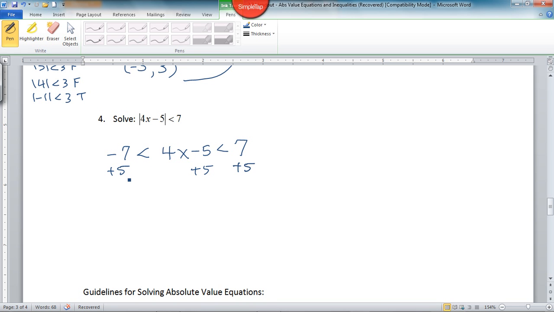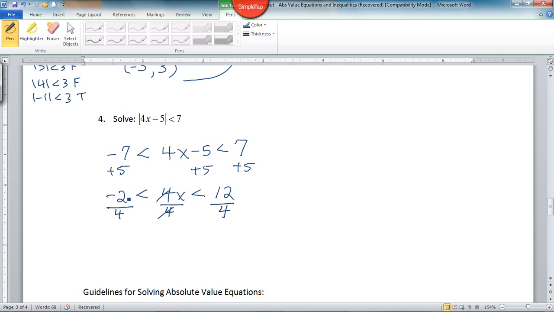Negative 7 plus 5 is negative 2. And that's going to be then in the middle, less than 4x, because the minus 5 plus 5 is 0. And that's going to be less than 12. Well, you get rid of the 4 now. Get the x by itself in the middle, so we got to divide by 4, because that'll cancel those 4's out. And yeah, look at this.